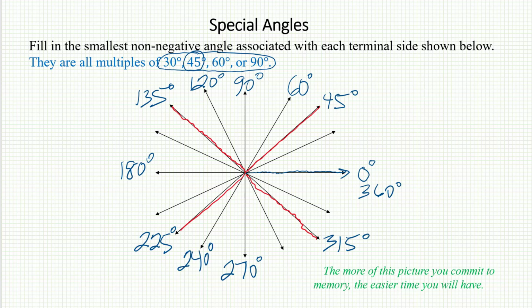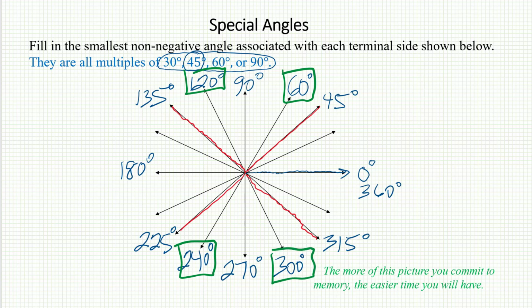And then another 60 degrees would take me to 300, and then another 60, and I'd be all the way around at 360 degrees. But the four angles that we just filled in, the 60 and the 120 and the 240 and the 300, these are the angles that are essentially associated with that 60 degree angle.